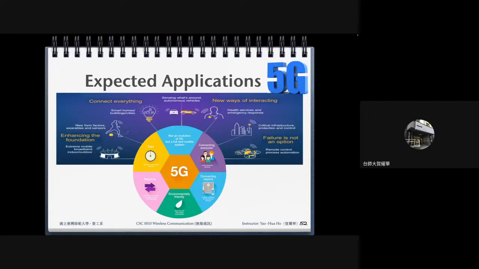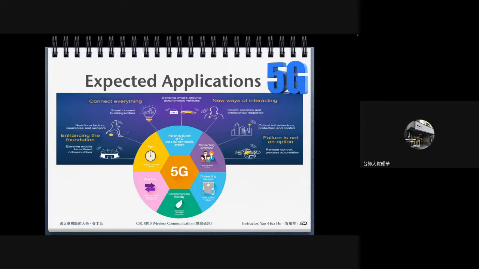All right. So for the applications of 5th generation, like I said, mostly everything will be connected: house, building, city, vehicle, sensor. There are different ways of interaction. It could be health services, infrastructure services, infrastructure control, and so on and so forth.